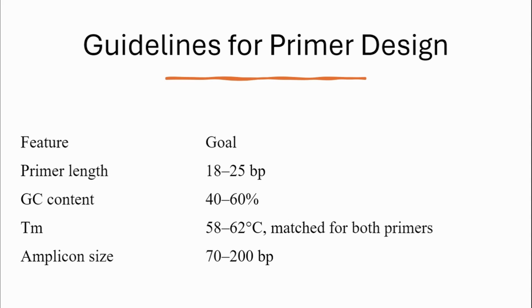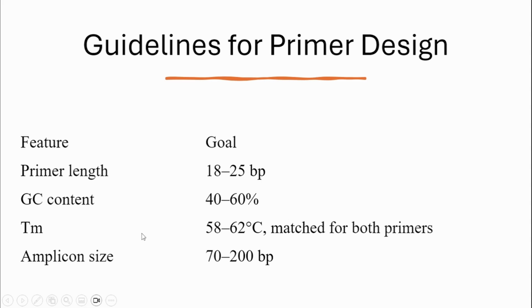We need to keep some features in mind when we are going to select a primer. Primer length should be between 18 to 25 base pairs. Guanine and cytosine content should be 40 to 60%.